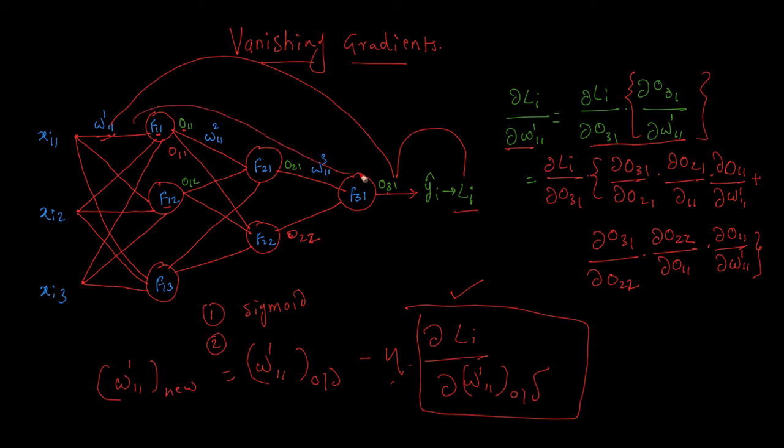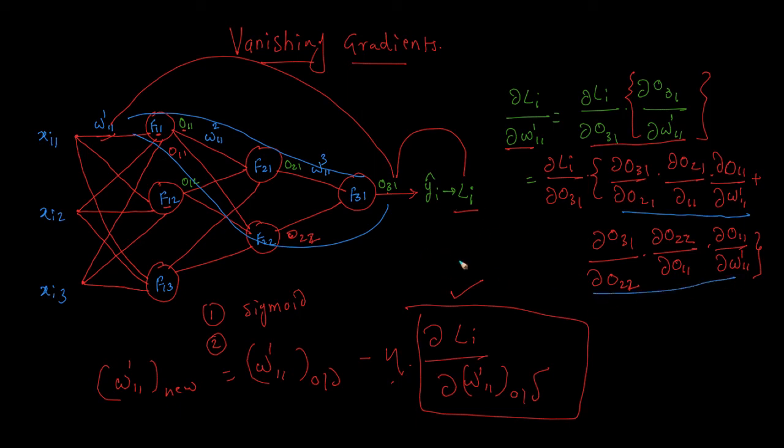Let me take a different color to avoid confusion. This is the first path coming here, and this is the second path. These two parallel paths come from W11 to O31. So while computing this derivative, we take the derivative of this path plus the derivative of this path.